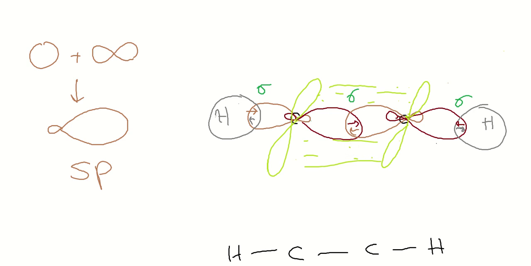So this is one pi bond right here. That's a pi bond, and that whole region above and below the axis separating the nuclei. So you're going to find one electron there somewhere, and one electron there somewhere.